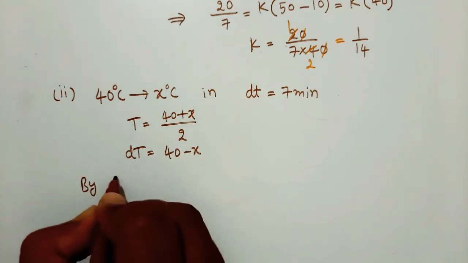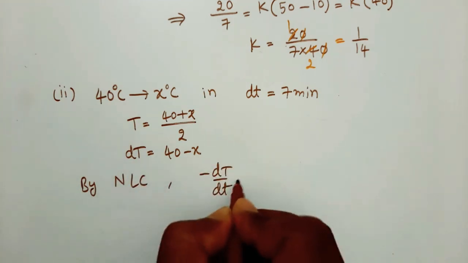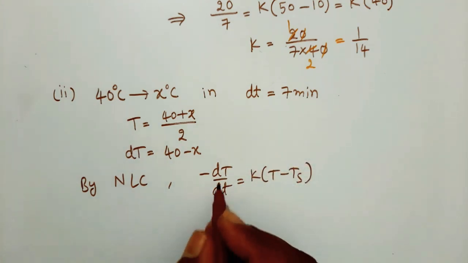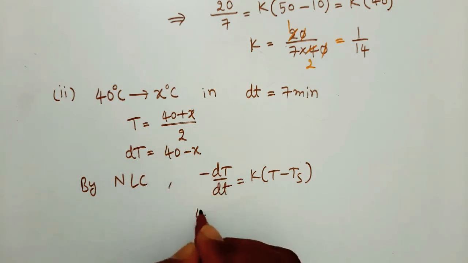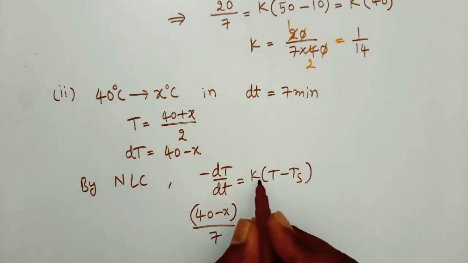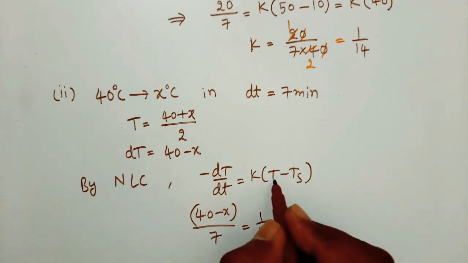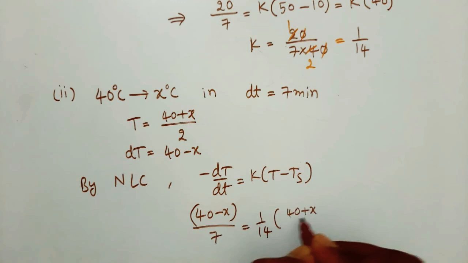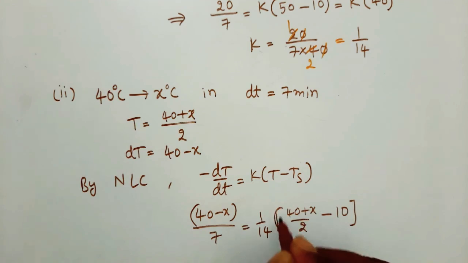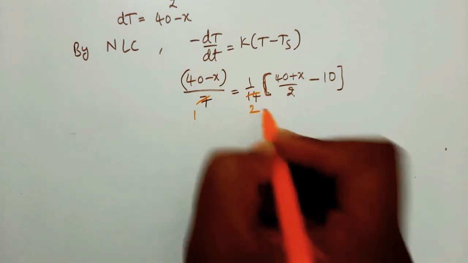By Newton's law of cooling, minus dT by dt is equal to k into (T minus Ts). So here dT by dt is equal to how much? That is (40 minus x) by 7, is equal to the k value, 1 by 14, into, here T is equal to (40 plus x) by 2, minus, here Ts is equal to 10. Here 7 ones are 7, 2 twos are 14.